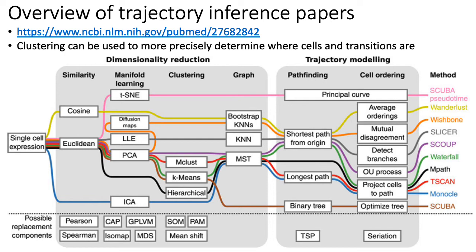You can use methods like principal components analysis, like we talked about, or a million other ways of doing dimensionality reduction. Then after dimensionality reduction, you have to choose an approach to find these lines or trajectories through your data. Because there are so many choices for performing dimensionality reduction, and so many choices for finding lines in these visualizations, you can end up with 130 different pieces of software to do effectively the same thing.